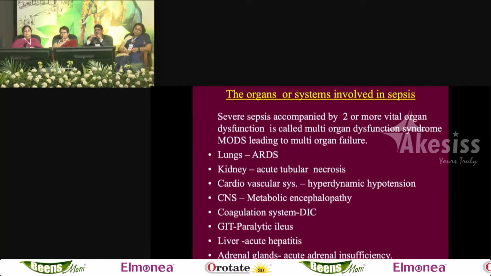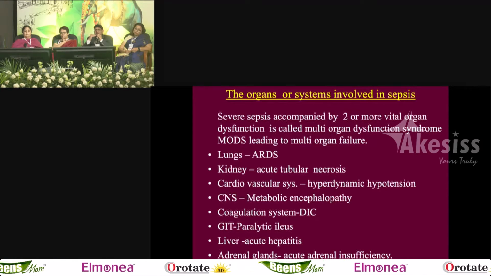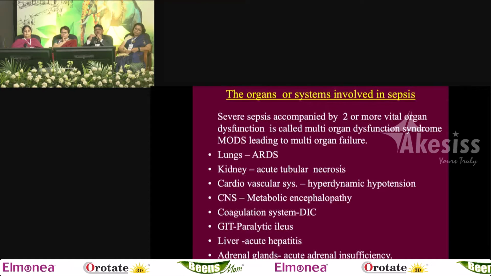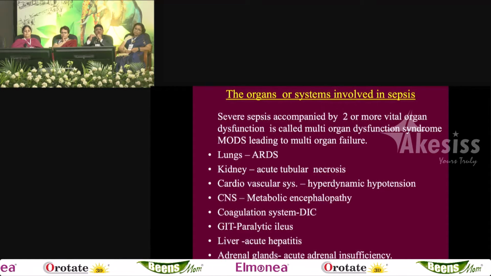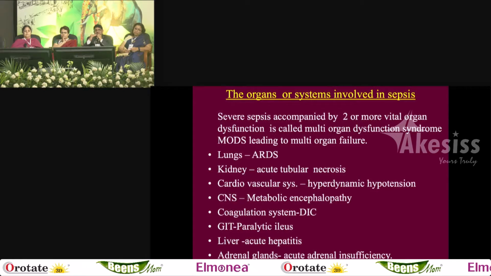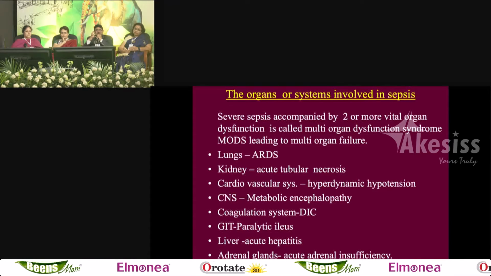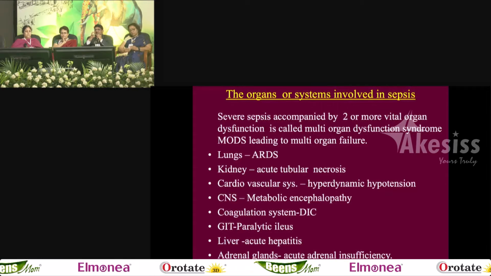Despite oxygenation, if the saturations are not maintained, then we need to worry that this is going into something more than a simple lung infection. It could be ARDS. ARDS is basically where the lung becomes solidified and the parenchyma is almost like a consolidation and there is no air exchange.